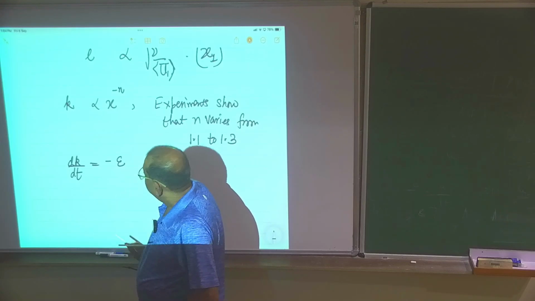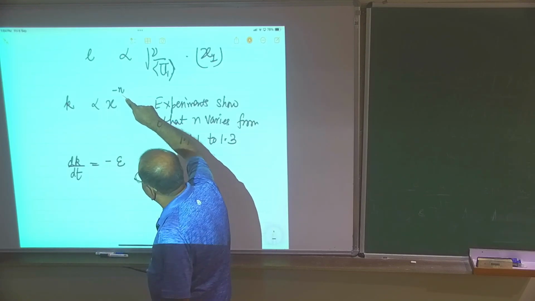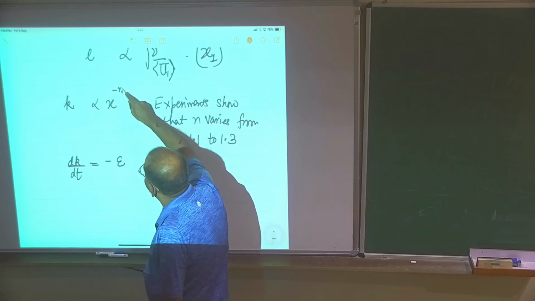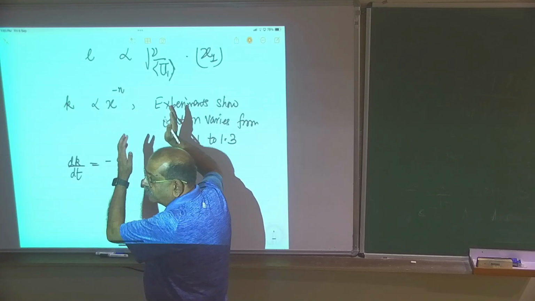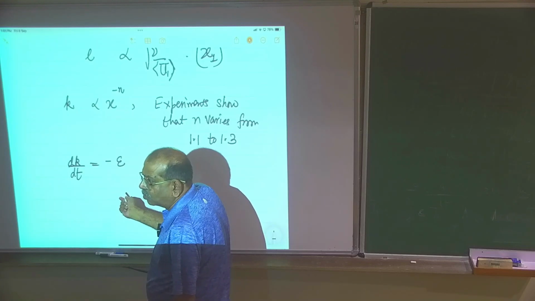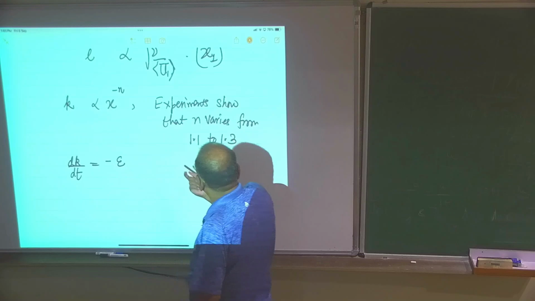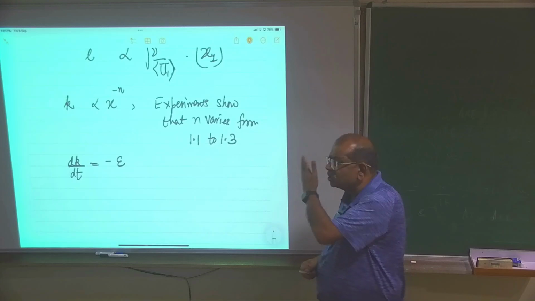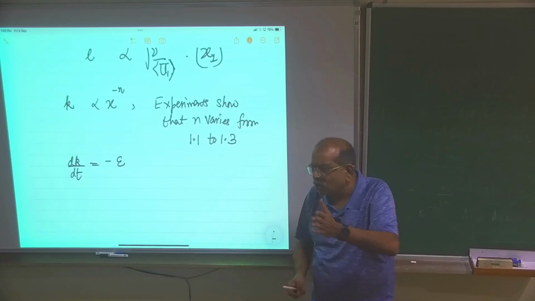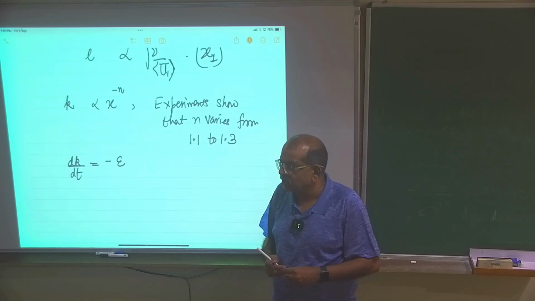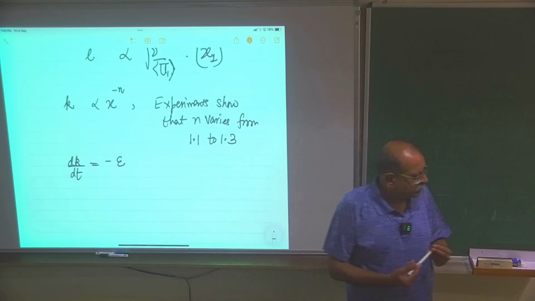And if k is chosen like this, then epsilon will go like x to the power of minus of n plus 1. Just differentiate it and you will get how epsilon goes, and that should be the same as what you get otherwise. So basically, kinetic energy is following what we call a power law for decay as it goes downstream.